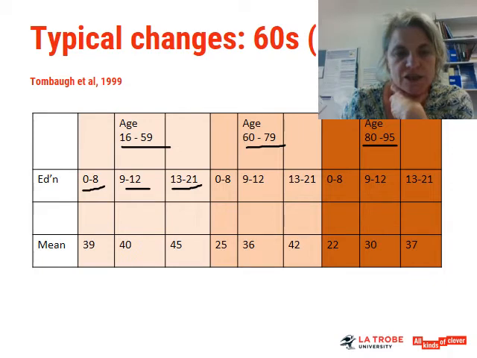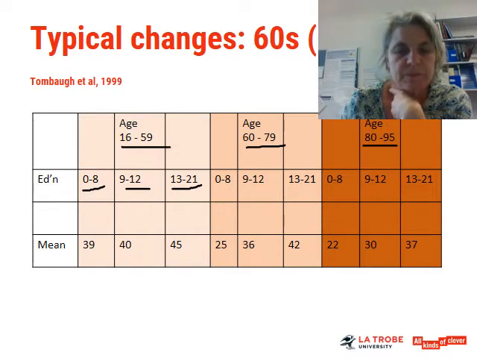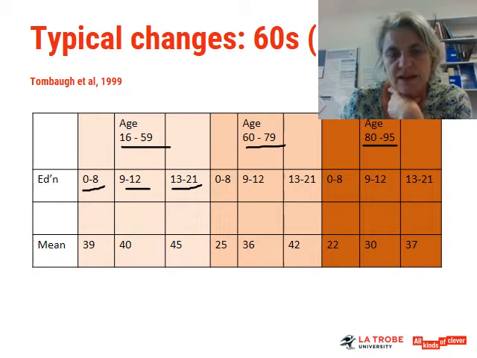What influence does education have on someone's verbal fluency when people are between 16 and 59? And then have a look, what's people's verbal fluency like depending on the number of years they've had education when they're 60 to 79? And what happens when people are even older?